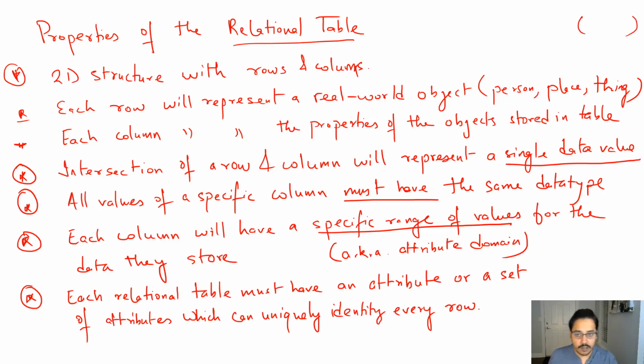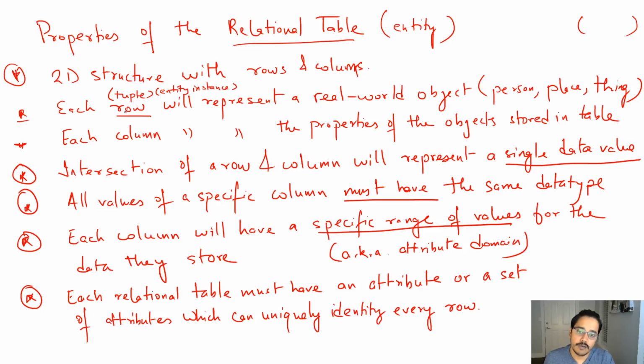So just a quick note is that sometimes this entire relational table will be called an entity. Okay. And each row, sometimes a row will also be referred to as a tuple. Okay. And a specific row might also be referred to as an entity instance.